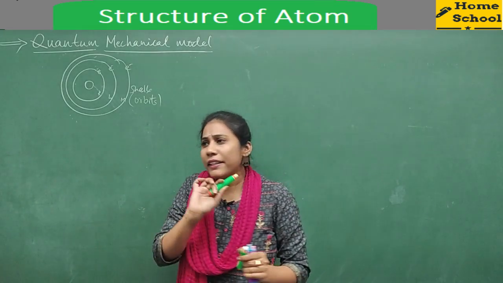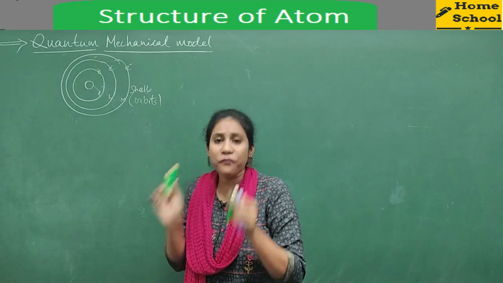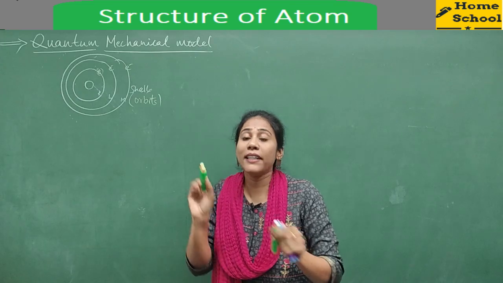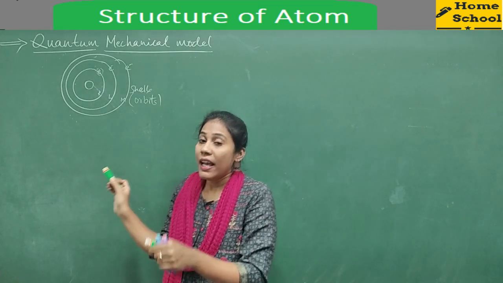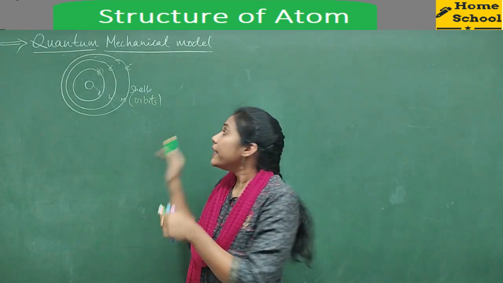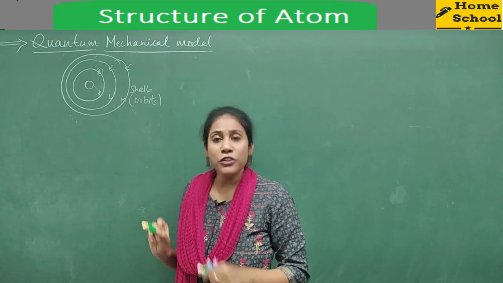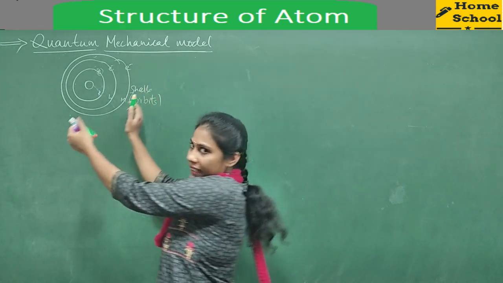Fine. Now if you want to find out the exact position of an electron at a particular time, and along with the position, you want to find out the speed of the electron, how do you do it? Take Bohr's model.